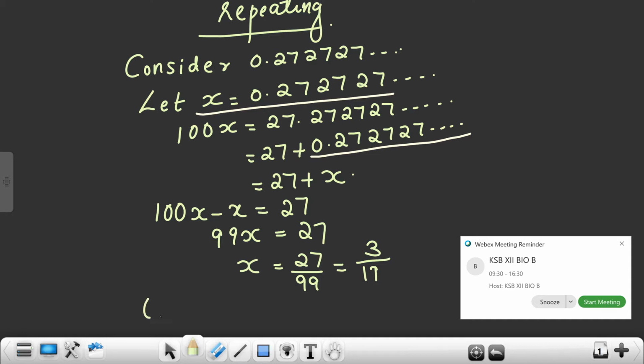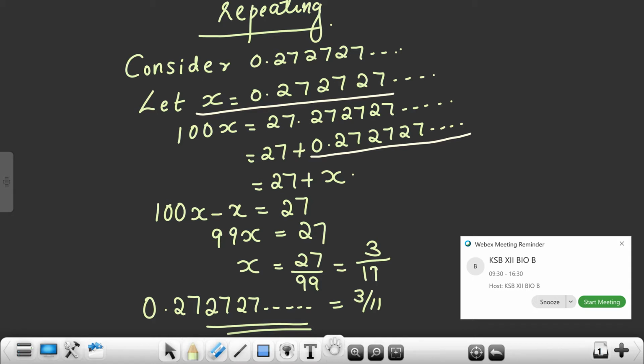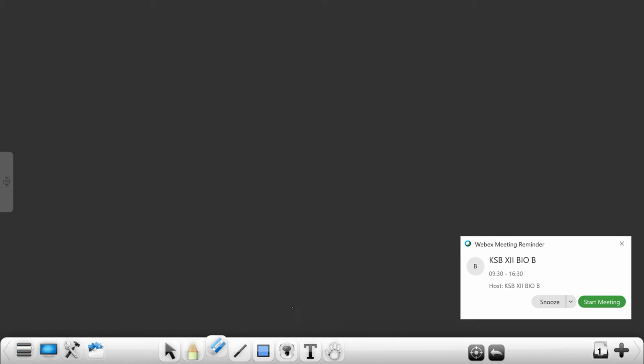Substitute the value of x: 0.272727, etc. is equal to 3 by 11. That is, the fraction form of 0.272727, etc. is 3 by 11. Okay. Now consider another example.